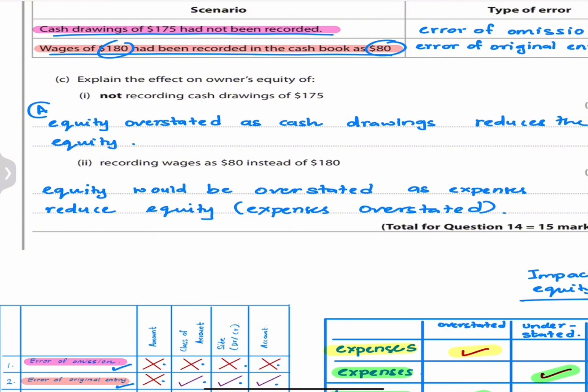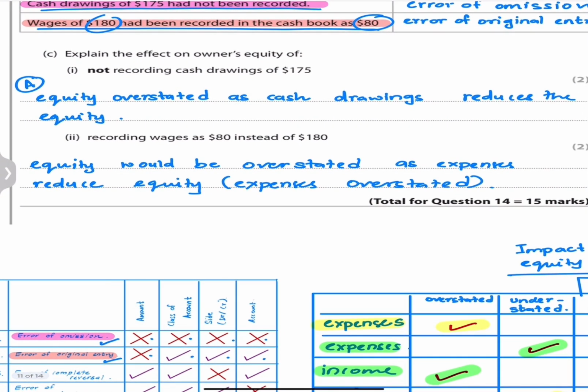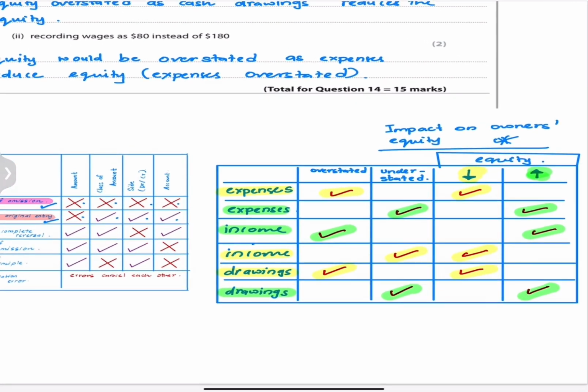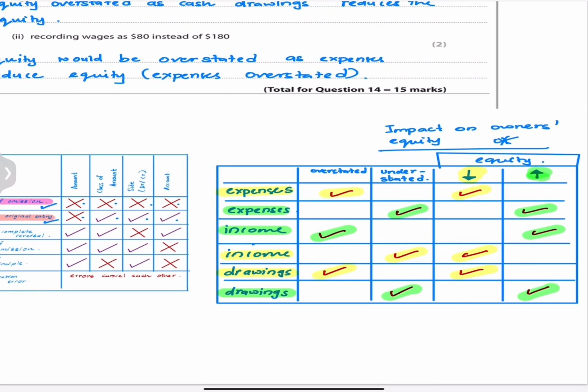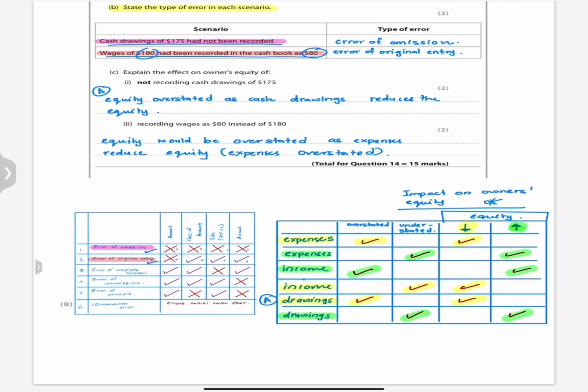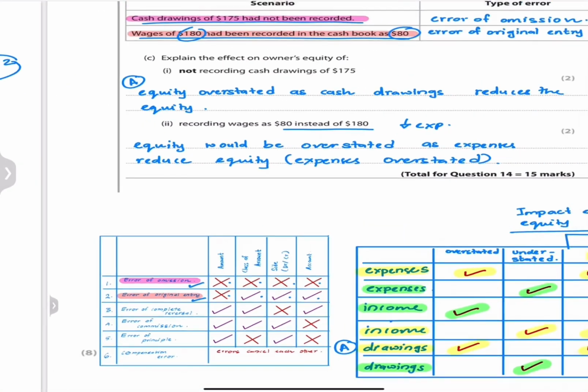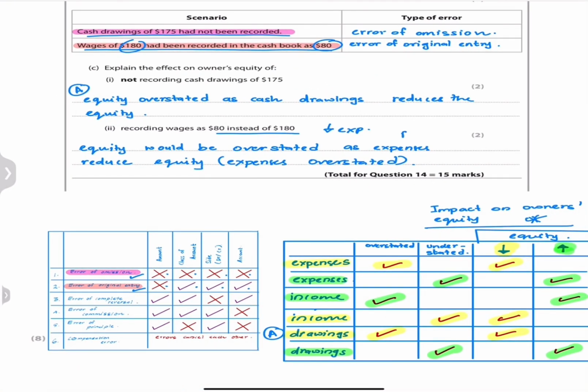If you are not recording cash drawings, that means equity will be overstated as drawings are understated. So drawings, in order to include it, it'll reduce the equity. Whereas recording wages at 80 instead of 180, equity would be overstated as expenses reduce equity. You failed to enter the expense.